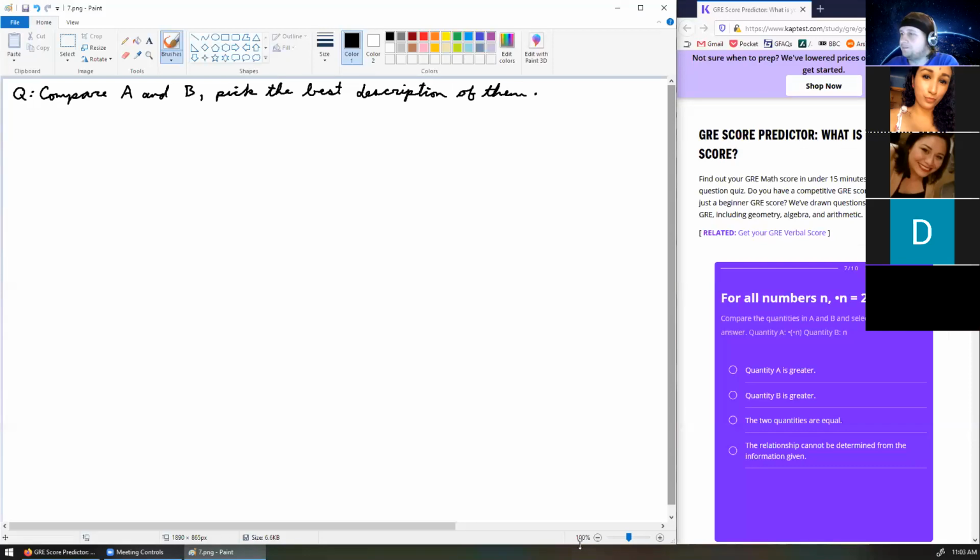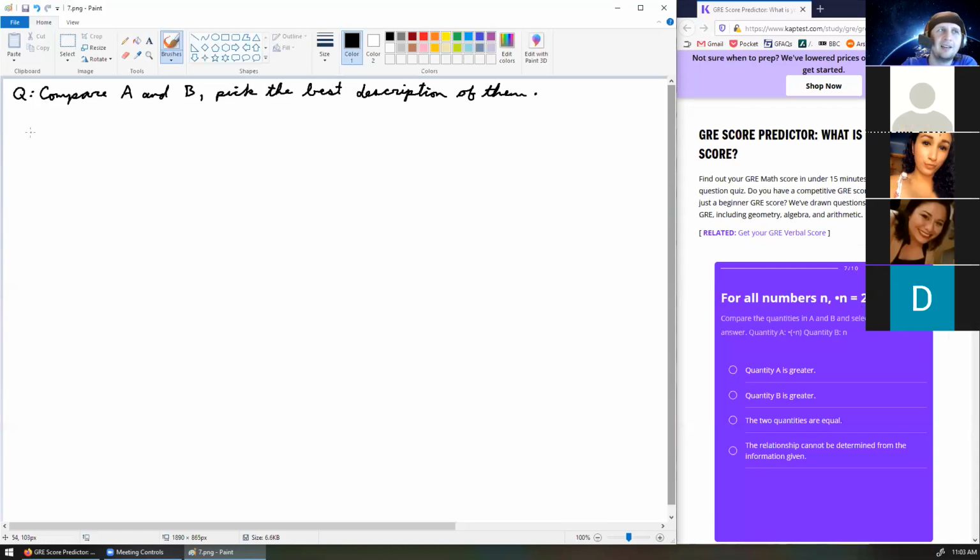First of all, this is saying for all numbers, right? So for n being equal to any number. So what is this dot n? Would it be multiplication, or is it different? Let's take a look at it.